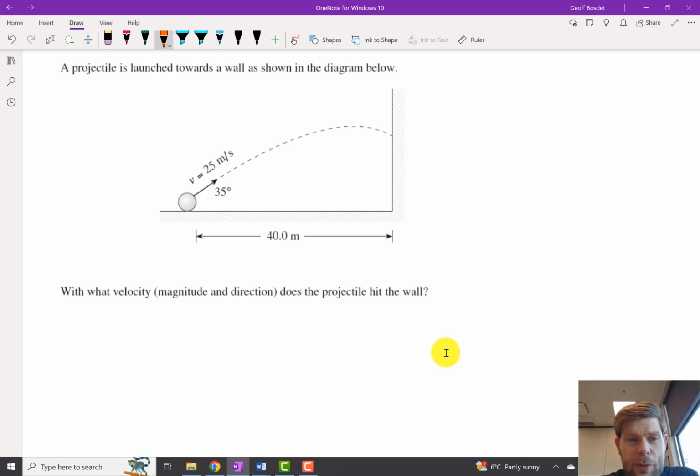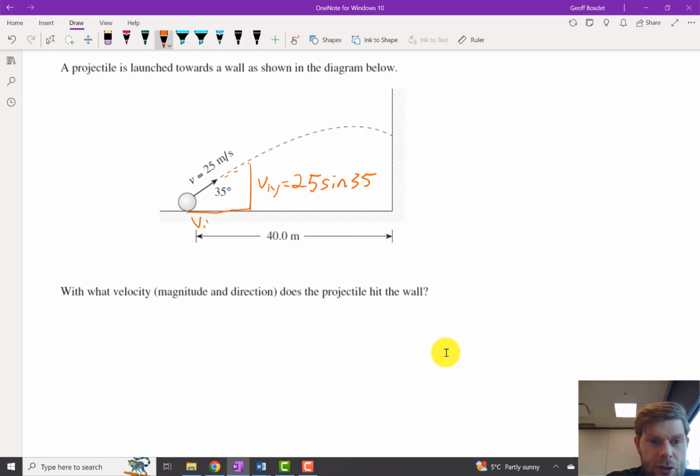I'm going to show you the component method of doing this. There is a kind of sine cosine law way, but I'm not going to mention that right now. So first thing, we've got our velocity at an angle. So I'm going to find the horizontal and vertical components. My initial y velocity is going to be 25 sine 35.